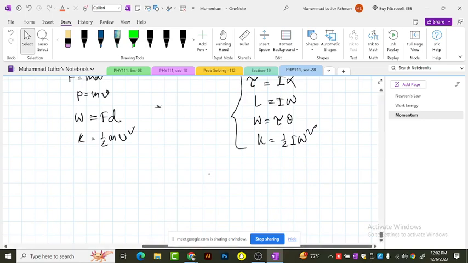Fine, but before that we need to make a relation between the linear acceleration and the angular acceleration. We know from rotational motion that v equals omega r, right?